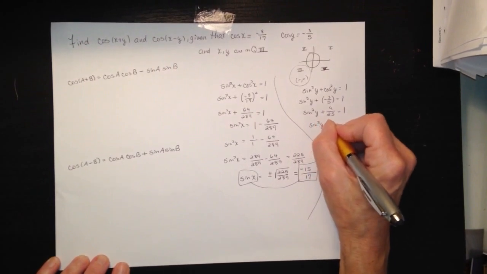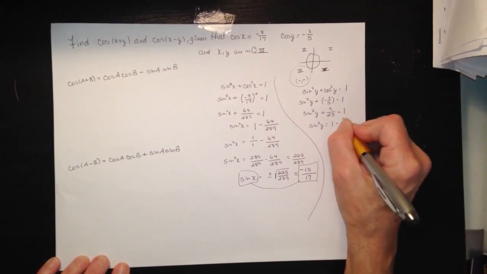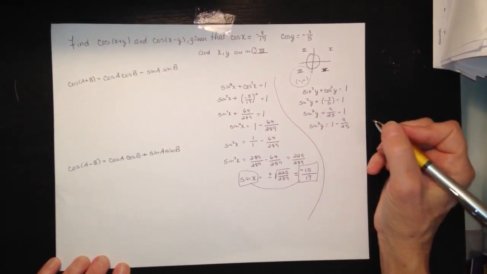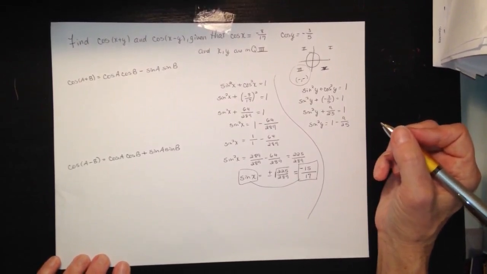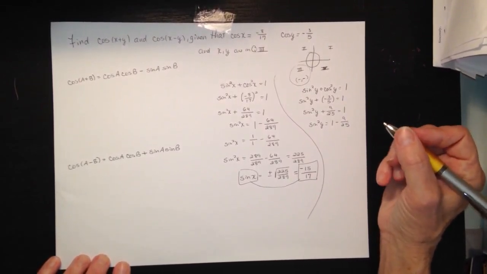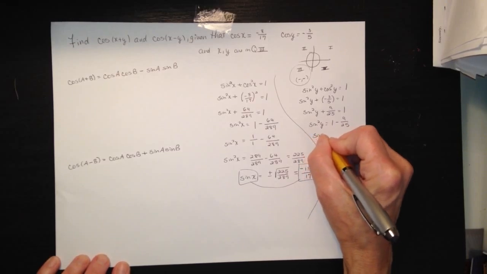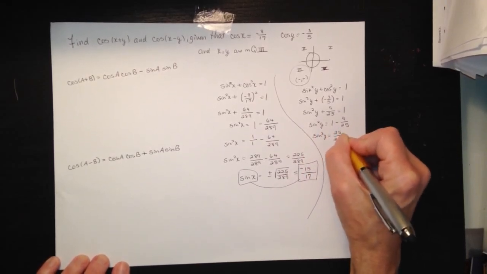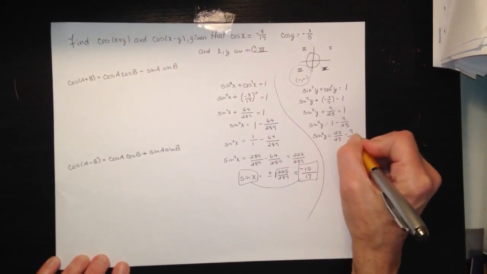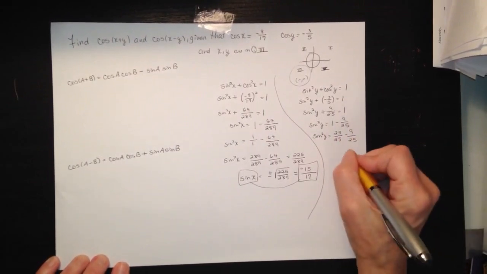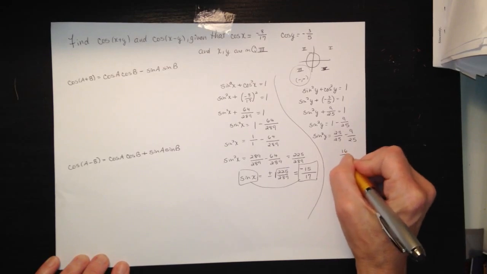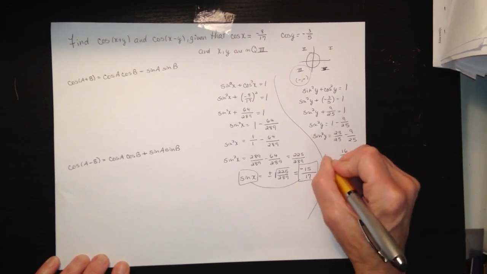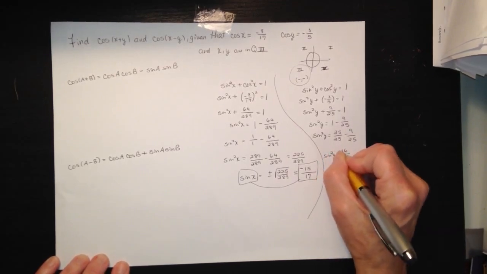Sine squared of y is equal to 1 minus 9 over 25. I'm going to make 1 a fraction, 1 over 1. I'll use a common denominator of 25, so sine squared of y is 25 over 25 minus 9 over 25. 25 minus 9 is 16 over 25. This is what the sine squared of y is equal to.